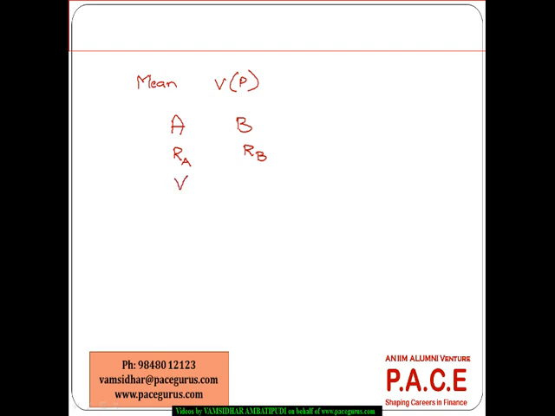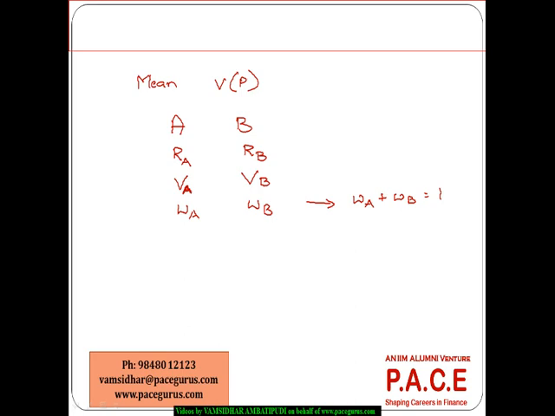And A has the volatility or variance VA and B's variance is VB. Now, let's say I have invested WA in A and WB in B. This is the proportion of investment, which means WA plus WB is equal to 1. Let's say WA is 60% and WB is 40%. I have invested 60% in A, 40% in B.